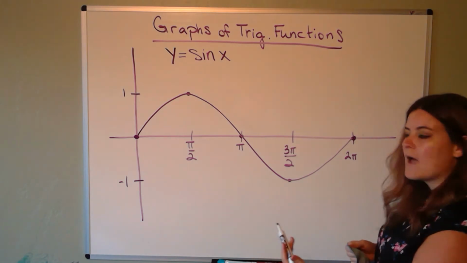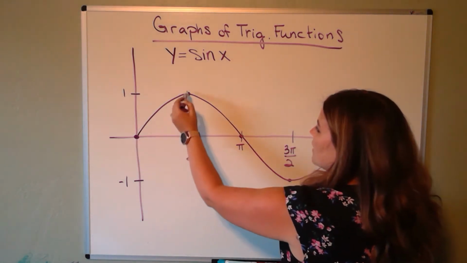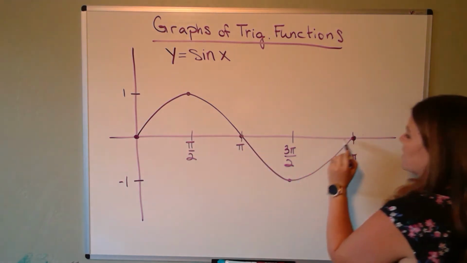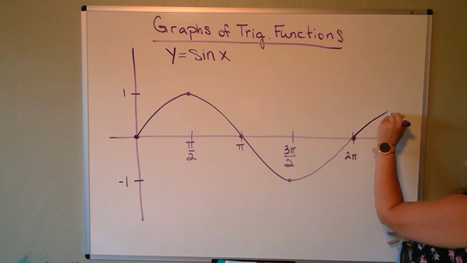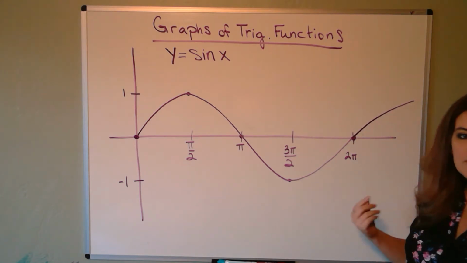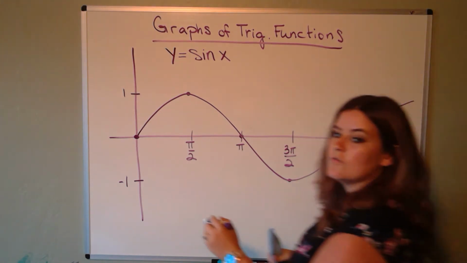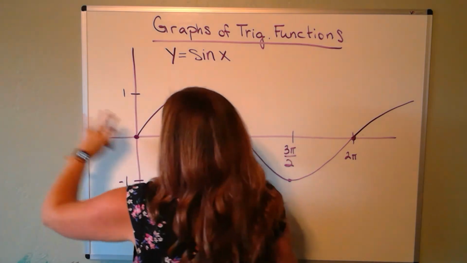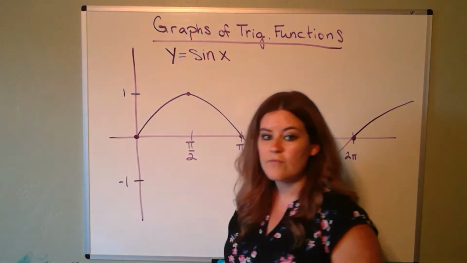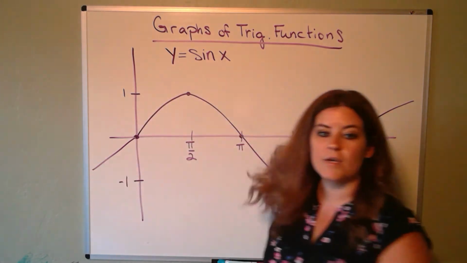So what do you think is happening here? Well, we started here, we went up, we went down, we came back to where we started. Once we get back to where we started, it would just continue doing the same thing. It would go up and down and up and down. And you guys, even though we started at 0, the sine wave technically goes to all those negative values too. So from here, it keeps going.